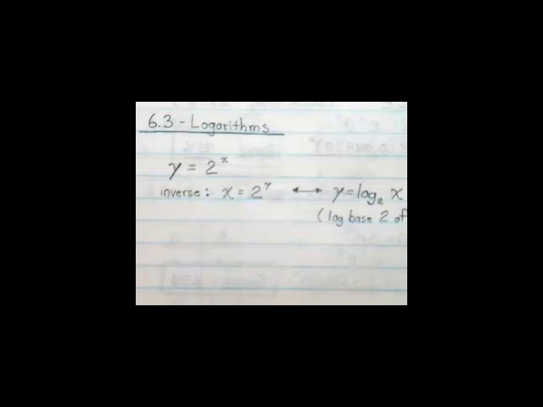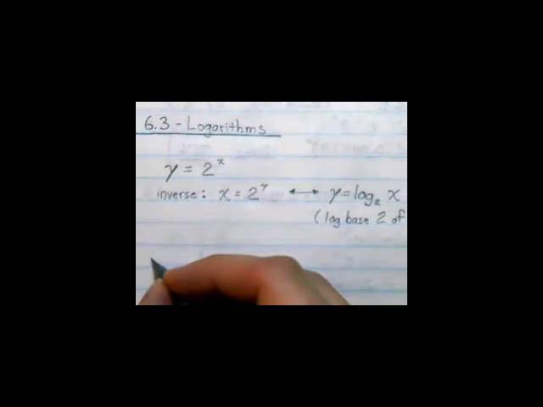Also, the point of writing out a log is to solve for whatever's up here. So when you write out a log, it's always equal to the exponent from this. Okay? So, I'm going to give you guys an exponential equation, and let's see if we can rewrite it as a log real quick here.